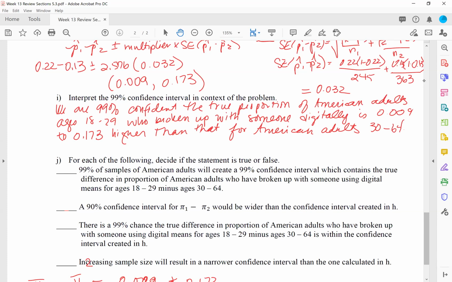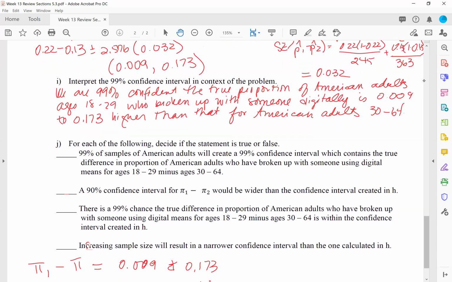So including that order of subtraction, we're seeing that those aged 18 to 29 are more likely to have broken up with someone digitally than those 30 to 64.